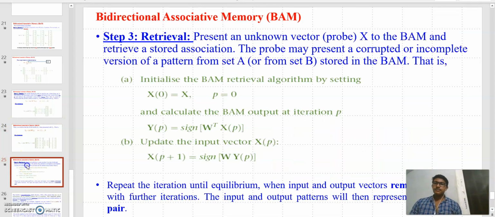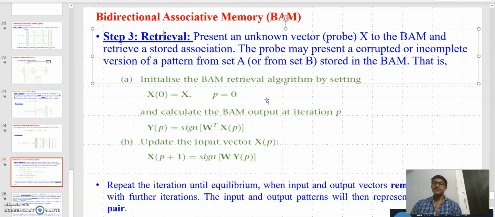Coming to step 3 in bidirectional associative memory, present an unknown vector X to the BAM to retrieve a stored association. The probe may be a corrupted or incomplete version of a pattern from set A or from set B stored in the BAM.